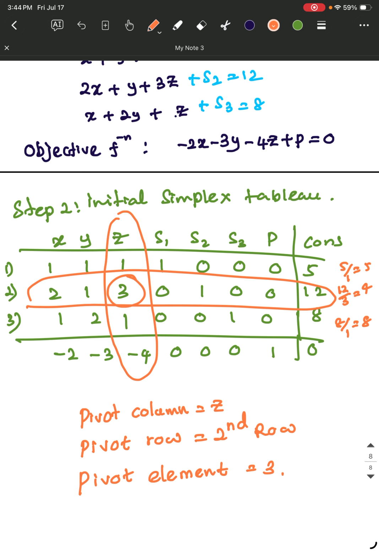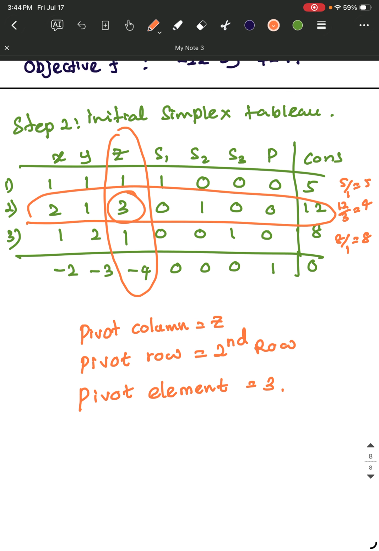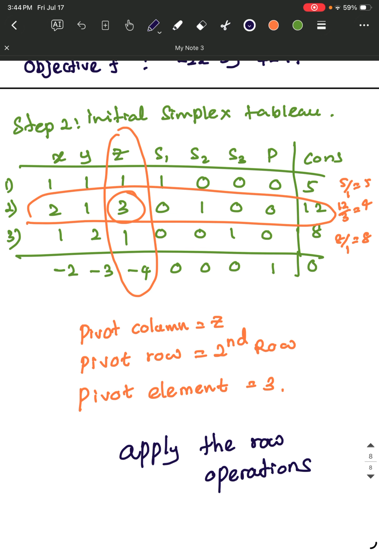Okay, then apply the row operations until you get non-negative values in the bottom line.